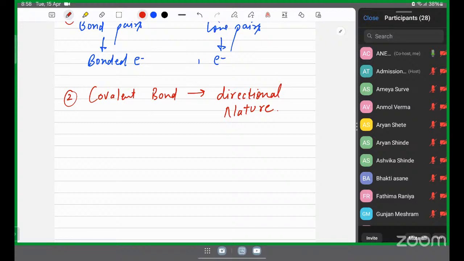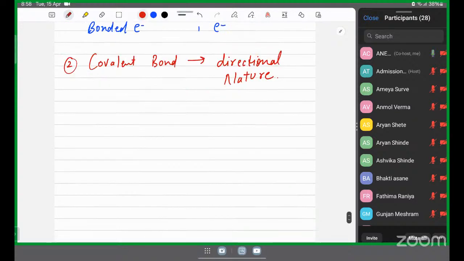Covalent bond is directional in nature, and the covalent bond will be formed in such a way that repulsion between electron pairs is minimum. If repulsion will be minimum, system will be stable.